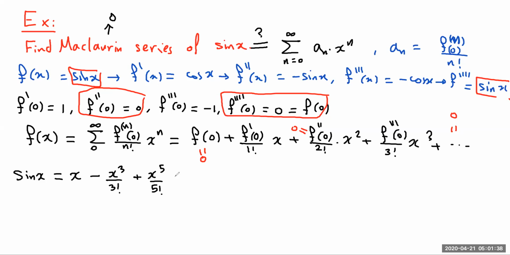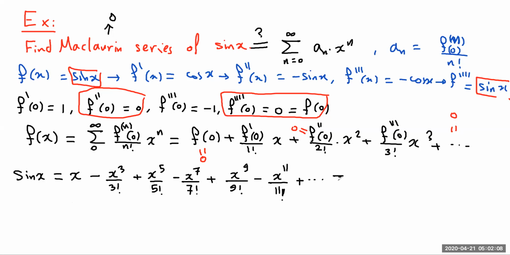Then 0 times x^6. Then minus 1 times x^7 over 7 factorial, plus x^9 over 9 factorial, minus x^11 over 11 factorial, plus etc. without stop. So this is the Taylor series of the function sine x.